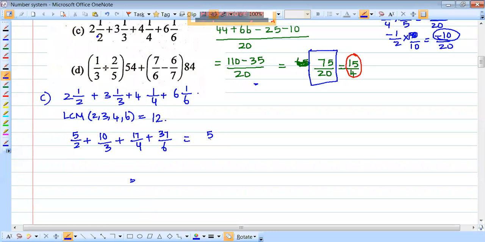Suppose still somebody is not able to understand, let me write one more step. 5 by 2 into 6 by 6 plus 10 by 3 into 4 by 4 plus 17 by 4 into 3 by 3 plus 37 by 6 into 2 by 2.